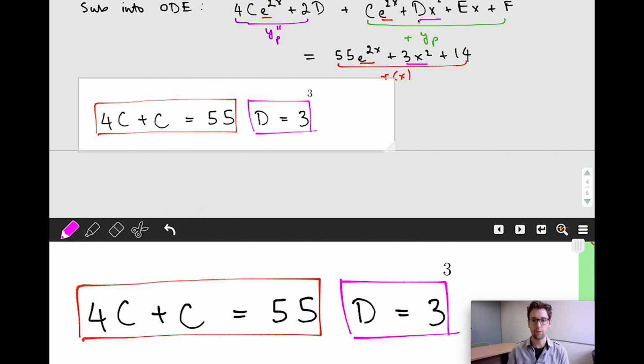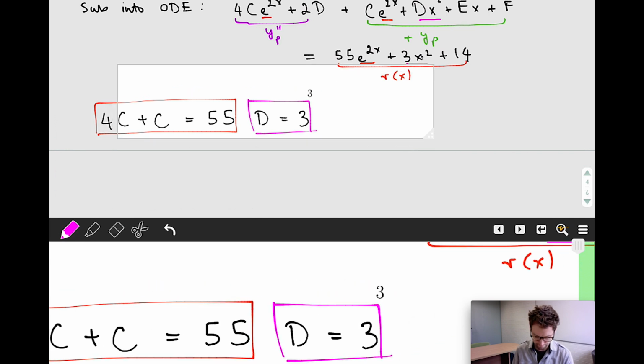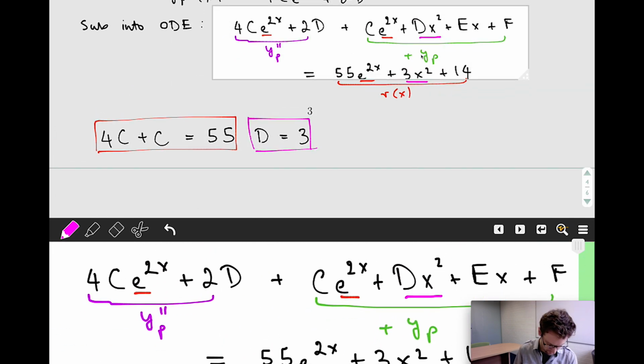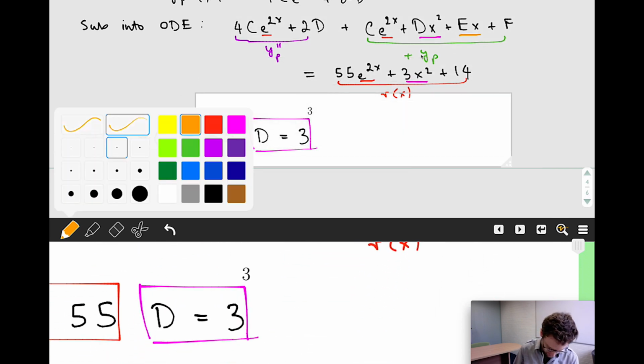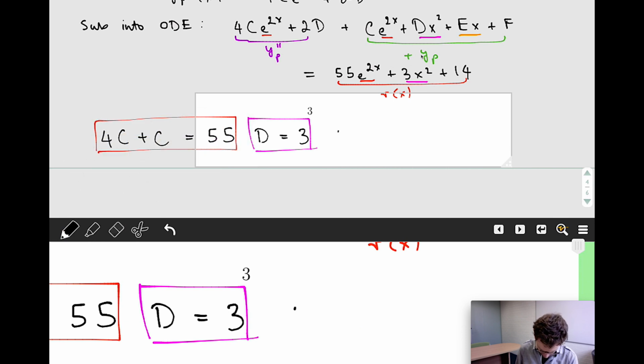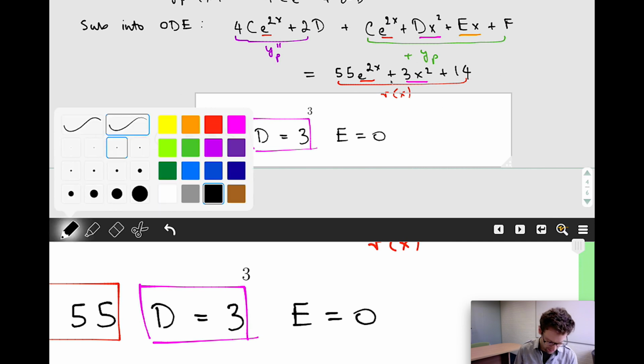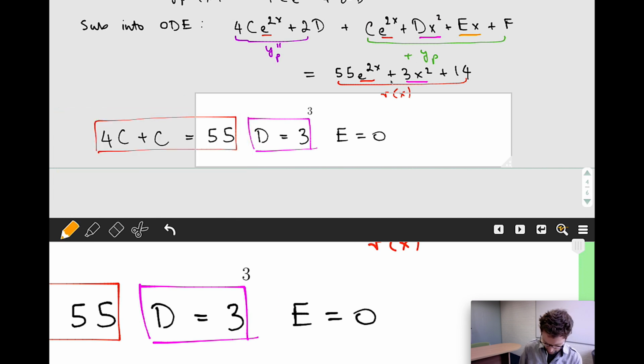That's what we get when we match all the terms involving x squared on the left and on the right. So dx squared is equal to 3x squared, so d is equal to 3. What about the terms involving x? Well, we only have one of those, so that means that e has to be equal to 0. The only term involving x on the left-hand side is e, and there's no corresponding term on the right-hand side, so e must be equal to 0.